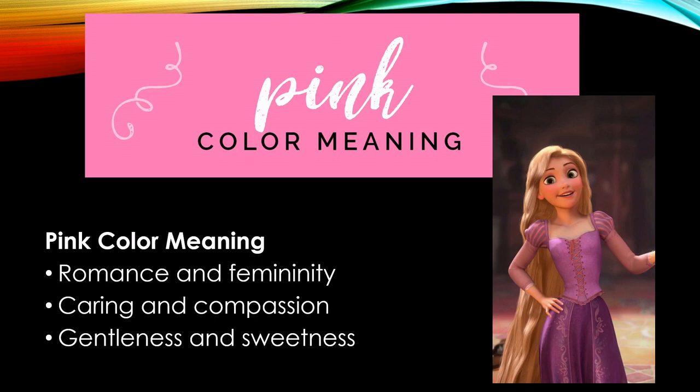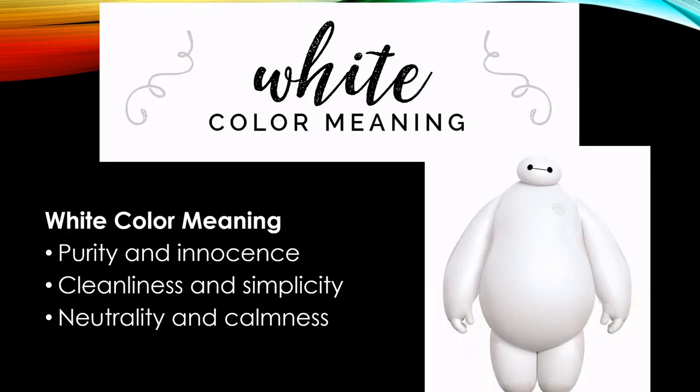Next is pink, and pink is typically used in a feminine sense to show femininity. It can also be used as romance, caring, compassion, gentleness, and sweetness. And just as you can see here with Rapunzel in Tangled, basically this fits her entire character personality to a T. Next is white.